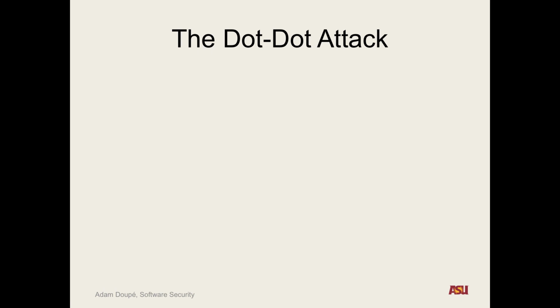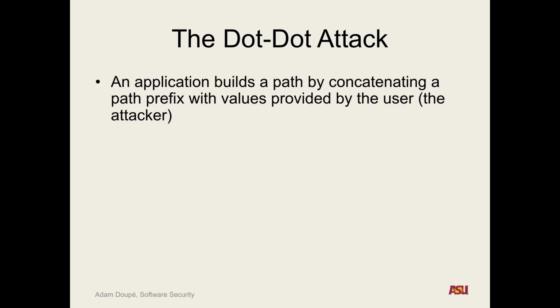Oftentimes, when you want to open a file, let's say from the user, how do you usually do it? You write applications, you open files. You get the file path from the user, maybe concatenating some strings together. And if the user, or in this case the attacker, gives input, we have to be thinking that every time users can give input to our application, this input can potentially be malicious.